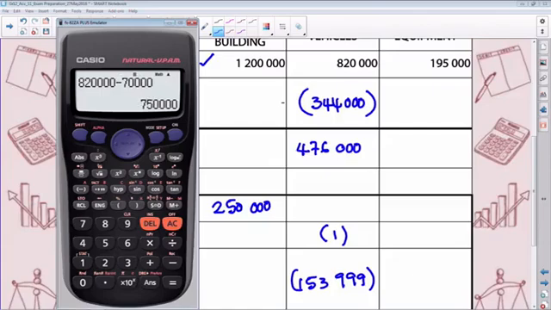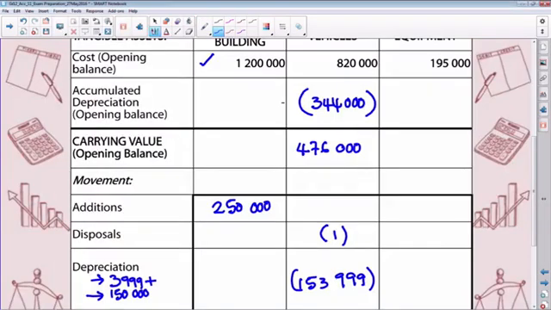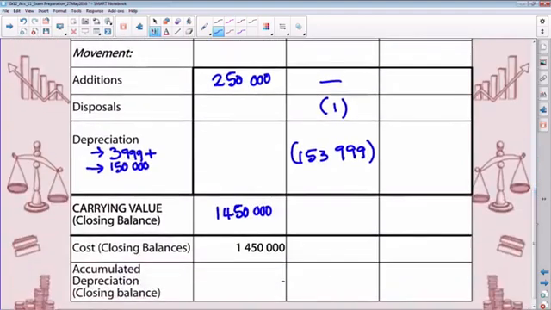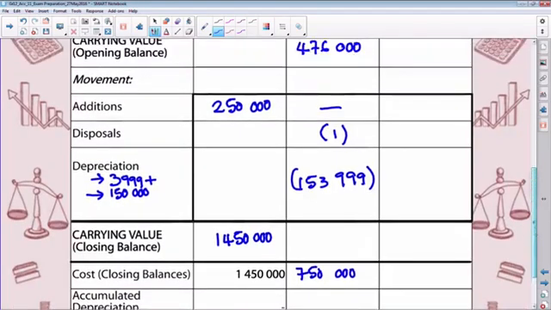Notice that you had no additions. So your cost price at the end of the year is an amount of 750,000. Okay, now let's work backwards.